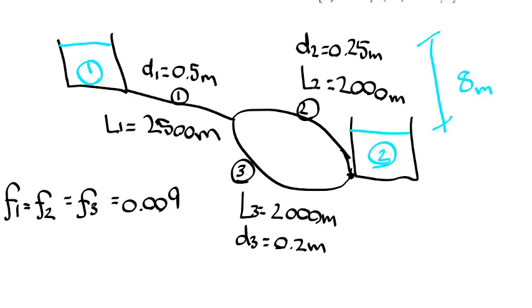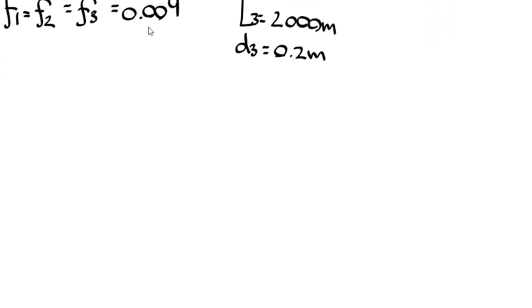From the previous class, we know there's a rule when it comes to pipes in parallel. Q in must be equal to Q out.